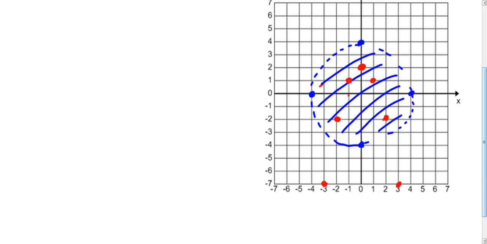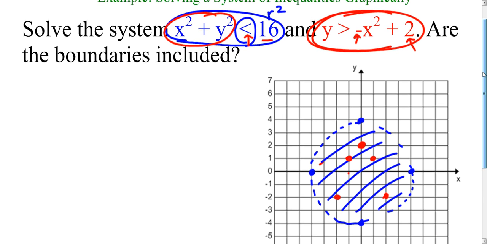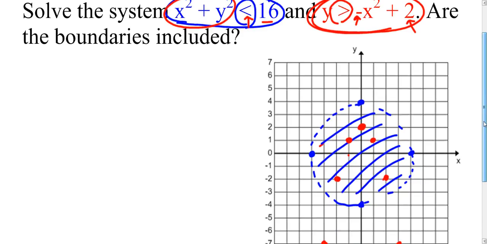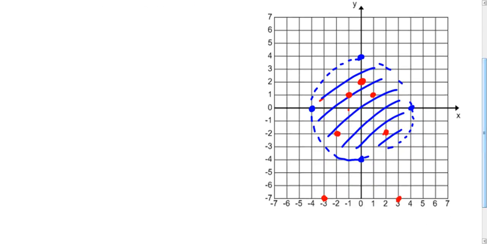Otherwise, I know enough that I can do this. When I connect these dots, I am going to connect them with a dotted line, because that inequality symbol is not underlined. So I have a parabola that looks something like this.